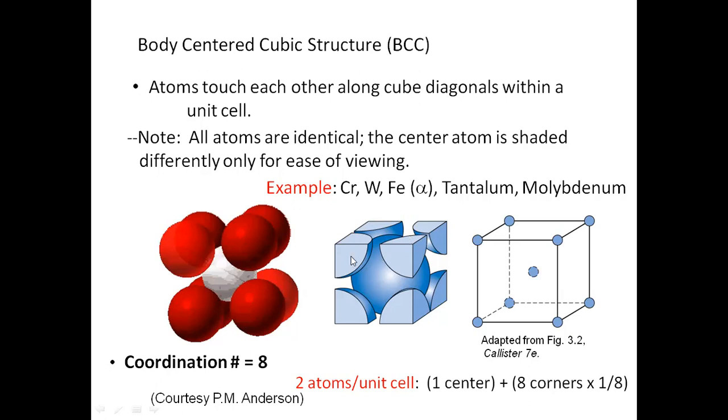Because there's one that has been introduced in the middle, your corner ones are not touching there in the center. They're now leaving space to accommodate the one in the center. So the one in the center is now the one that is touching all 8 of the corner atoms. These are referred to as corner atoms.